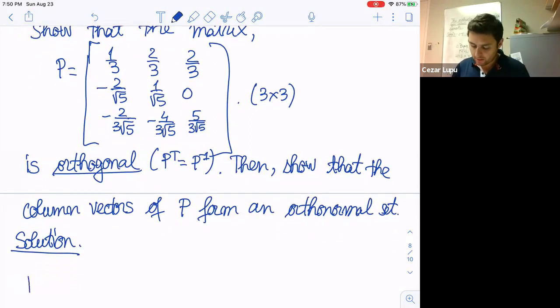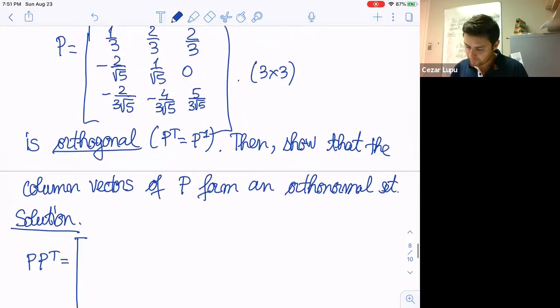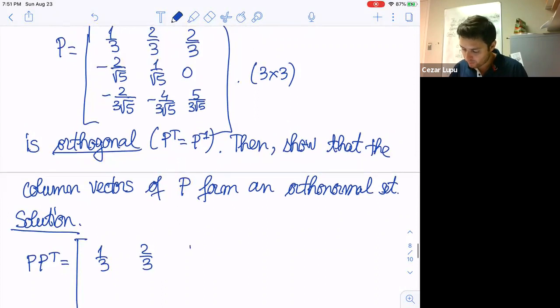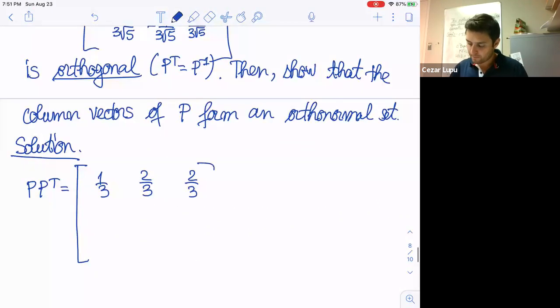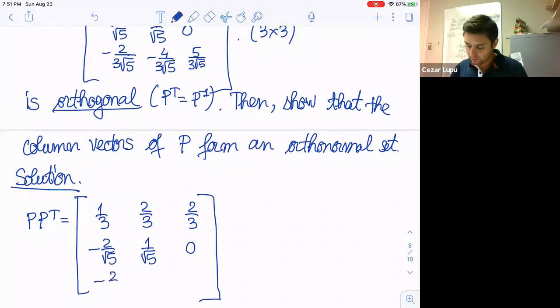First, we multiply P by its transpose. Let's write it. It will be 1/3, 2/3, 2/3. -2/√5, 1/√5, and 0. And the last one will be -2/3√5, -4/3√5, and 5/3√5.